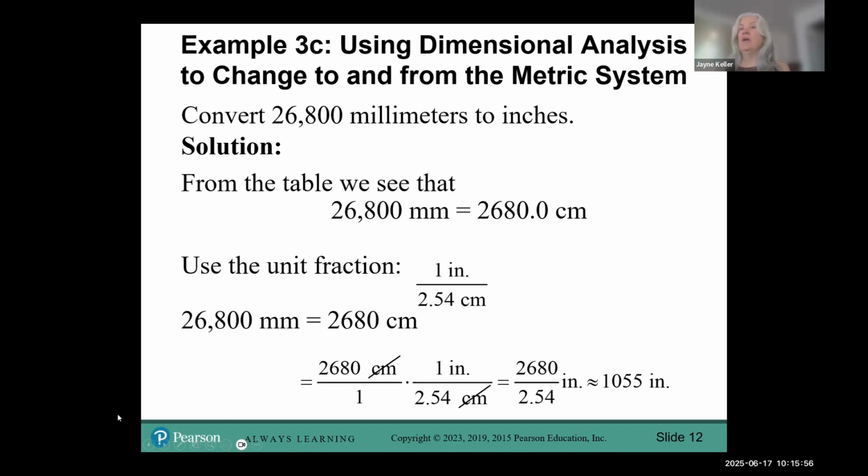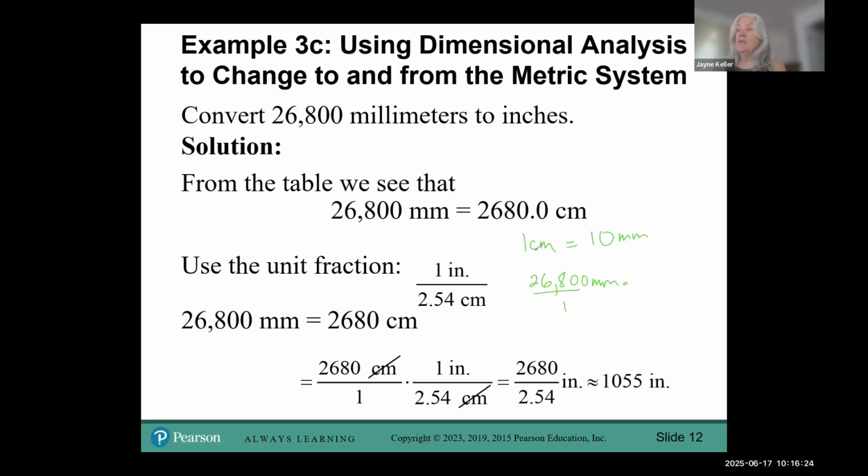And another way of thinking about this problem, if you find it easier to think about this way, if you don't like just using the move the decimal point, is that you can always remember that 1 centimeter is 10 millimeters. And so then I can use 2 unit multipliers here. So I could have started with 26,800 over 1 millimeters.